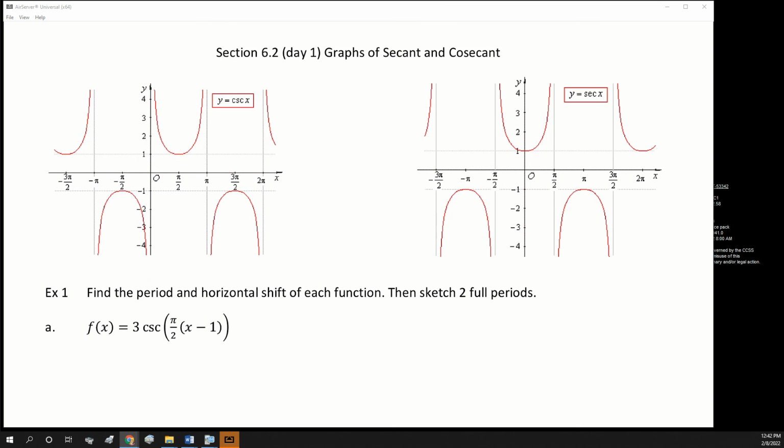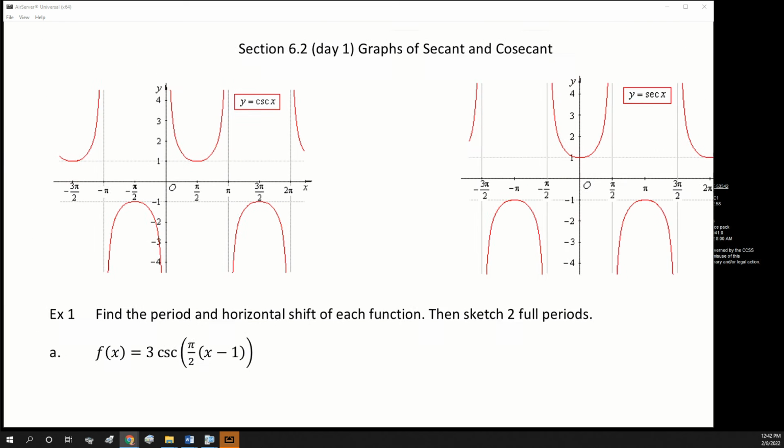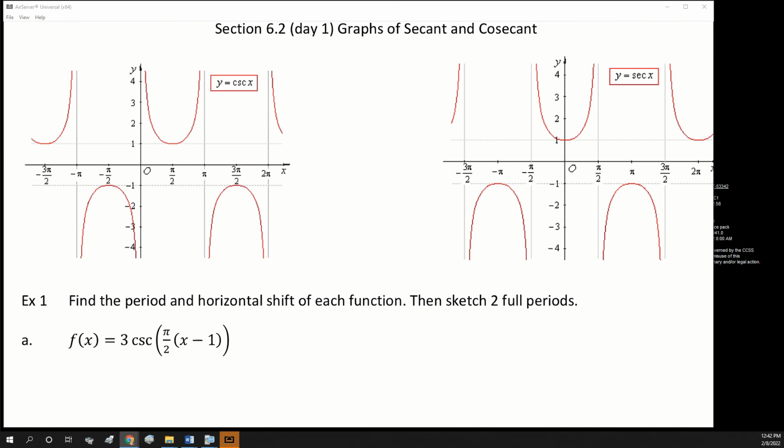So I went ahead and put the parent function of secant and cosecant on there for you, so you'll have an idea as you're going.